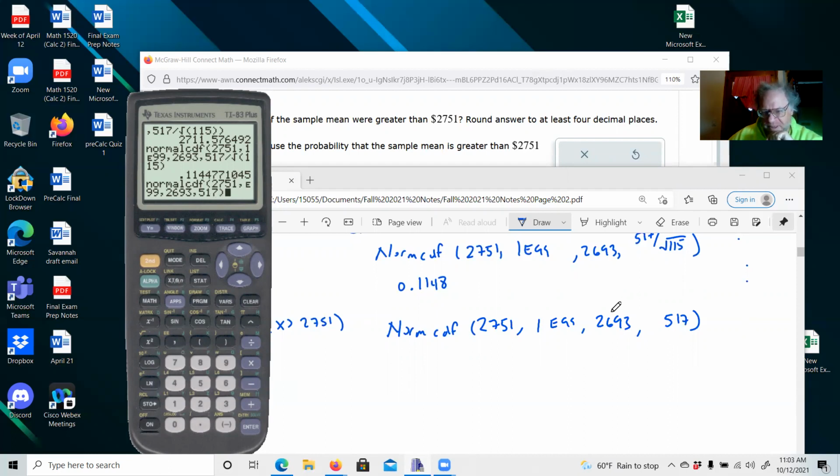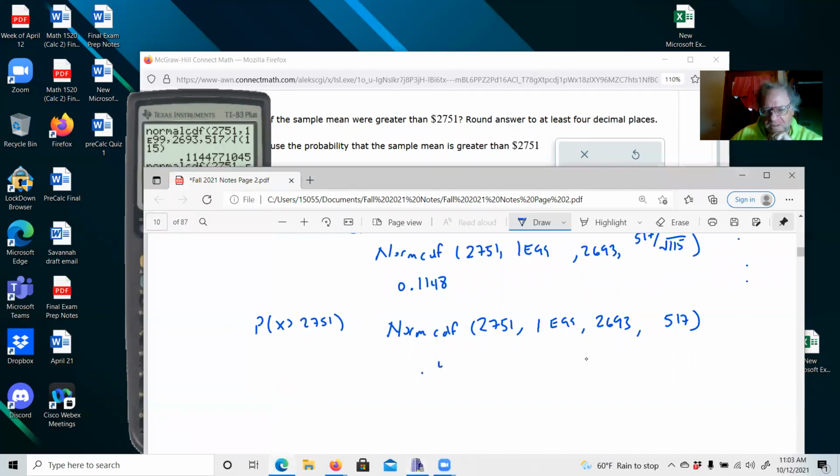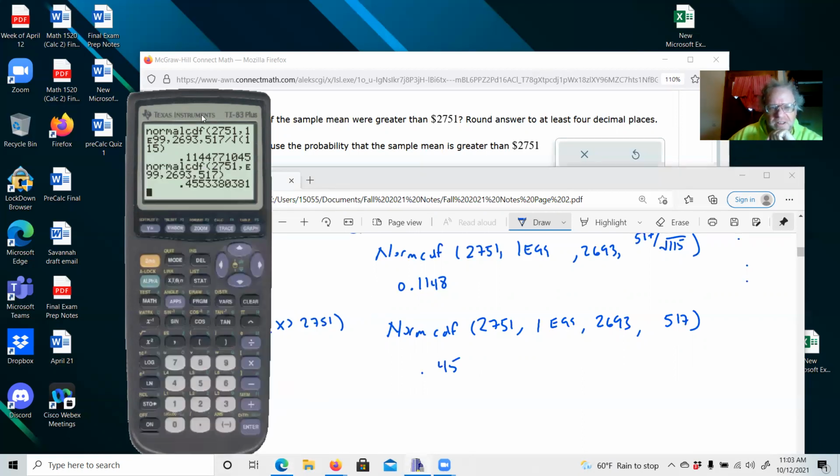Okay, I'm going to say it would not be unusual, because that's not even out of one standard deviation, right? Well, one standard deviation up, right? That's 2693 plus 517, this should be about 3,200. So I don't think it's going to be very uncommon at all.